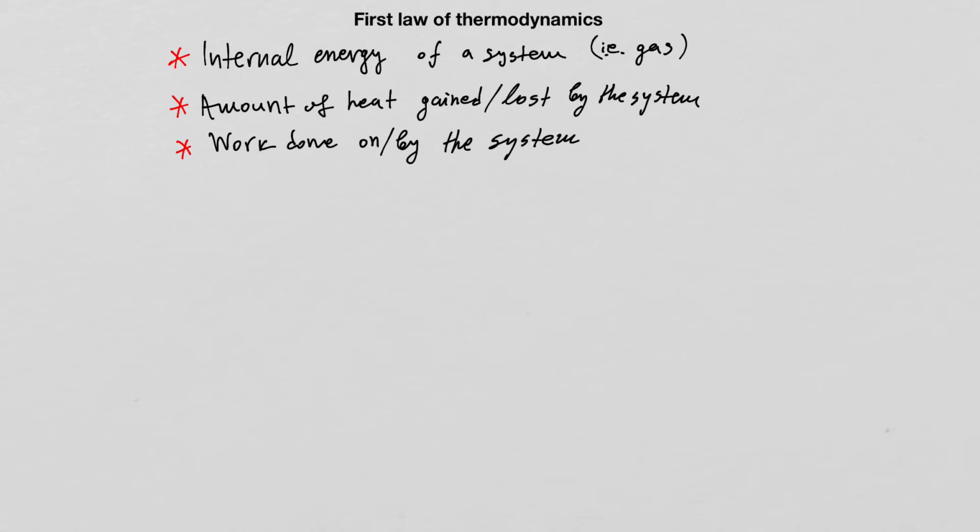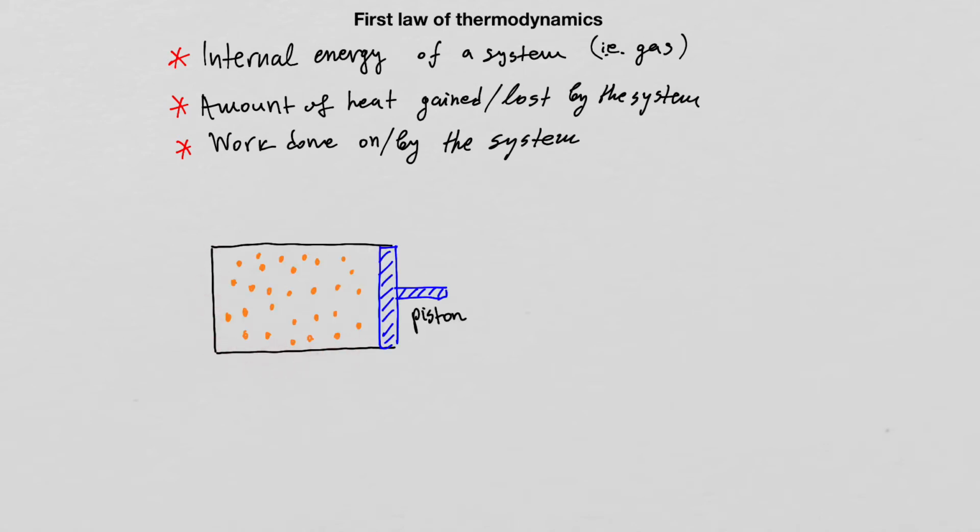So to illustrate the meaning of those statements, let's look at the system as a system of molecules, or in other words, gas, that is contained in a cylindrical container with a movable piston on one side. Here is my container.